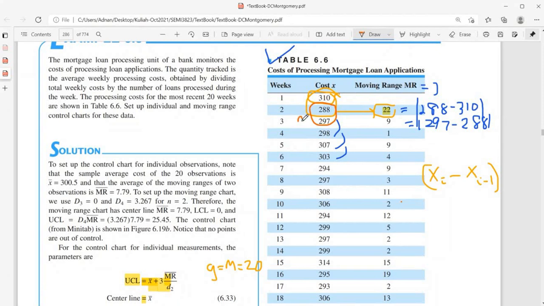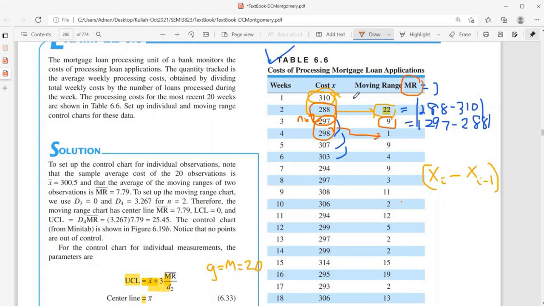This is the n for the purpose of constructing the chart. Don't confuse the n where you take the sample with the n that you use for constructing the chart. This is two values. The difference of this is 9. The difference of this and the next one is 1. This is what we call MR.